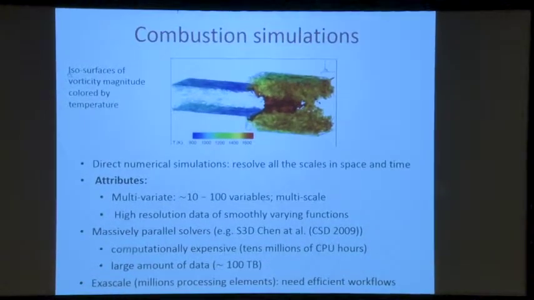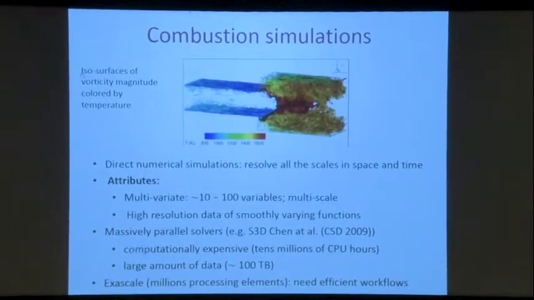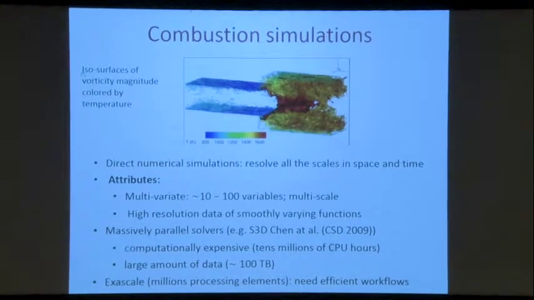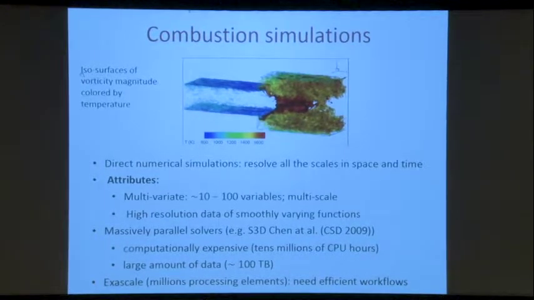So this might be a different scenario if you have experiments with noise or incomplete data or gappy data that you were trying to fuse with numerical simulations. But for the moment, let's concentrate just on having smooth data that's well resolved.